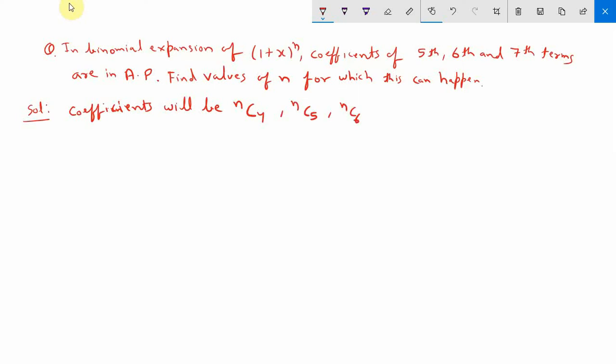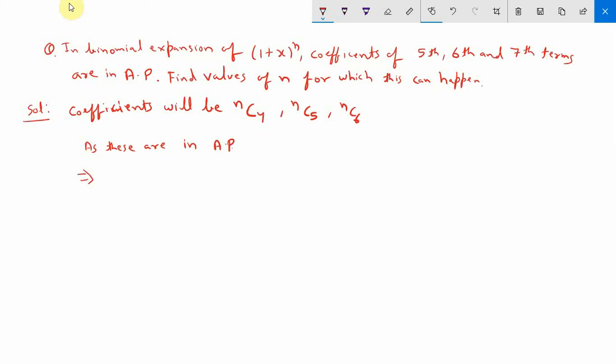As these are in arithmetic progression, all of you should know the properties of AP so that you can easily solve this kind of mixed problems. Please go through the AP lecture also if you have not gone through.